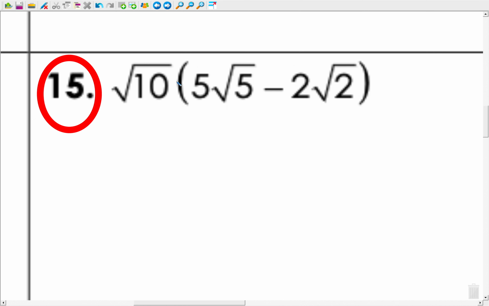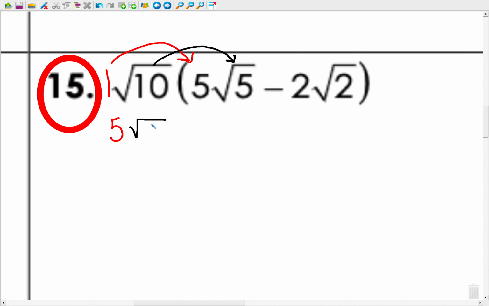And I need you to look very carefully, because we still multiply coefficients by coefficients, but we multiply radicands by radicands. So this is an invisible 1. This 1 times this 5 is going to give me a 5. And now I'm going to multiply this radicand, this 10, times this 5.